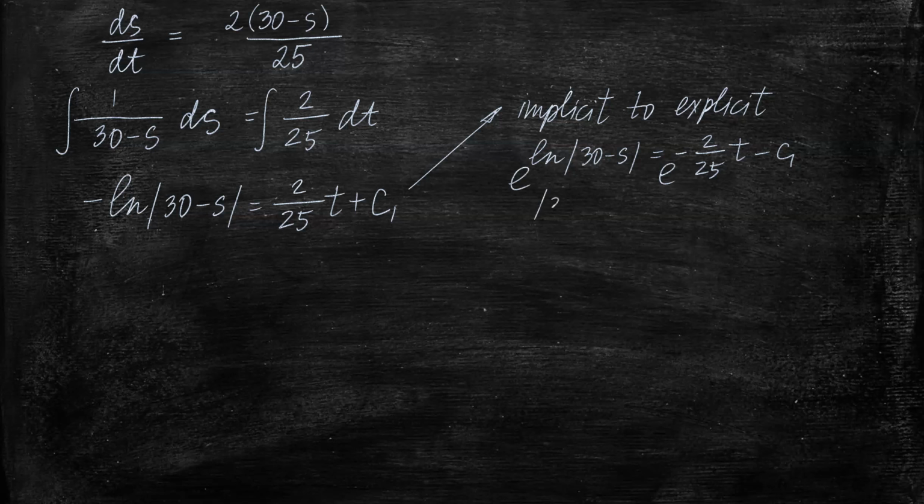So we're going to have absolute value 30 minus s, and e to the negative c1 can be my c2, and we get rid of the absolute value, introduce a new constant that represents the plus or minus c2, and then we'll solve for s.